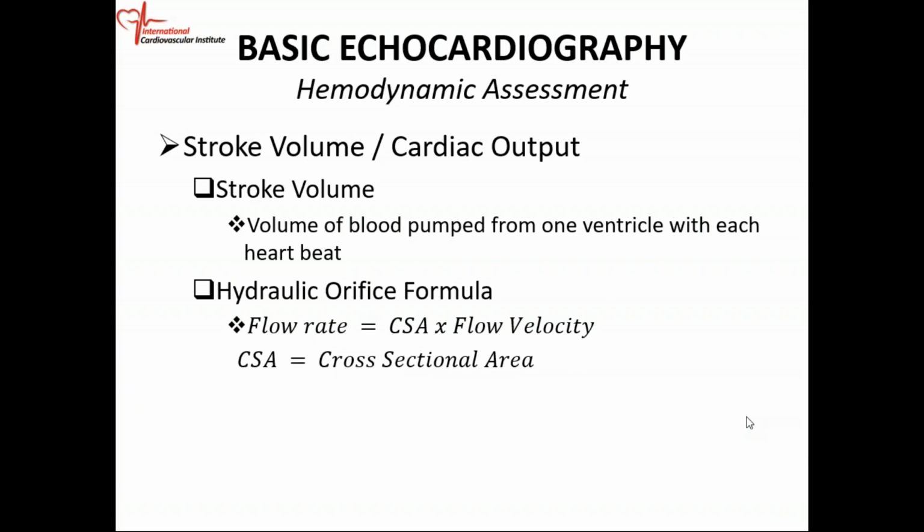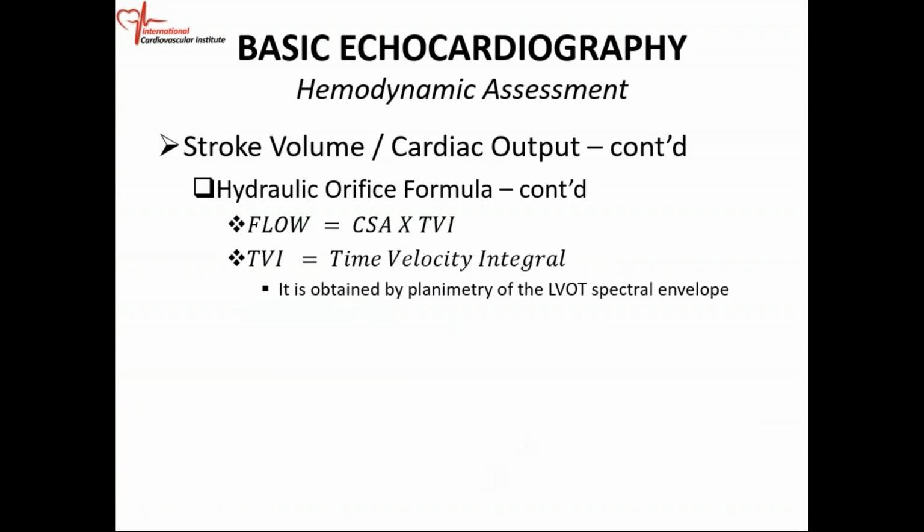The area of a circle is pi r squared. So to simplify things, we assume that the valve area is circular because we know the area of a circle, pi r squared. All right, so that is the hydraulic orifice formula.